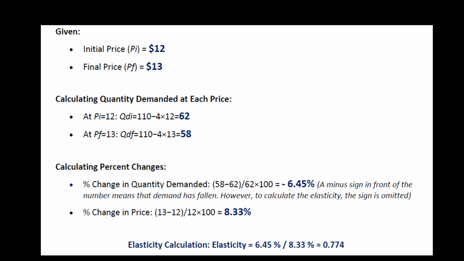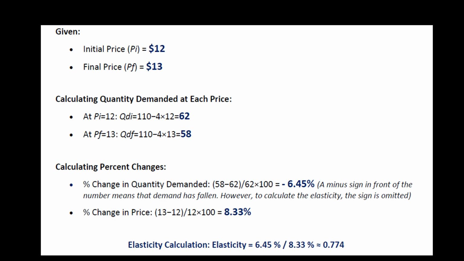So the first result, determining the quantity when P equals 12, is the following: 110 minus 4 multiplied by 12 equals 62. We do the same thing for the final price PF or P2, which equals $13.